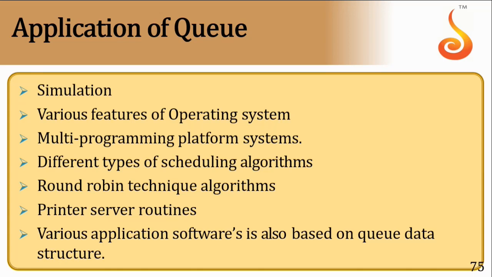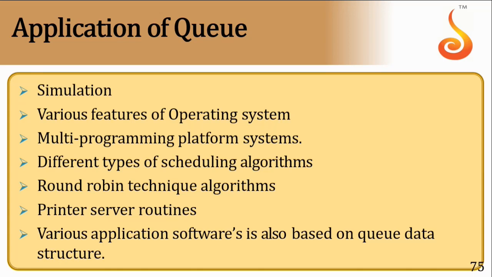Wherein they'll say you're in a queue, please wait. Then various features of the operating system, types of scheduling algorithms, round robin techniques for CPU time, printer server routines, which we discussed, and various application softwares are based on the queue data structure.